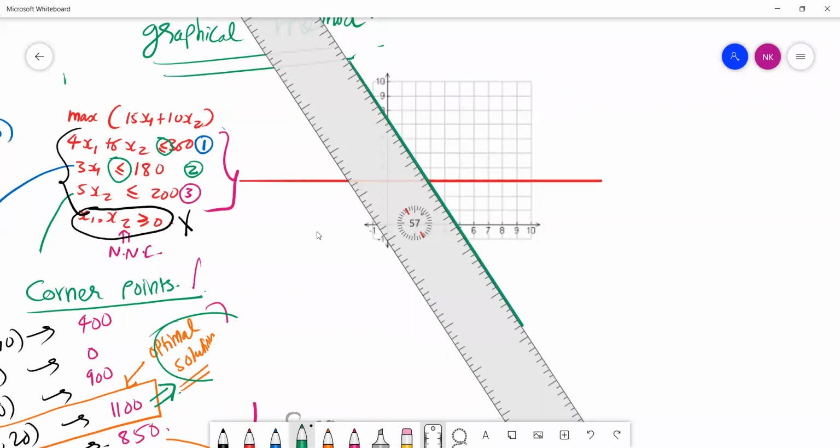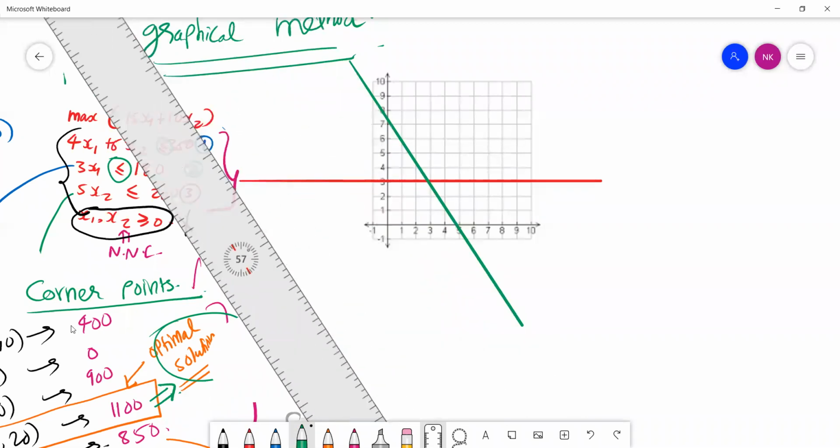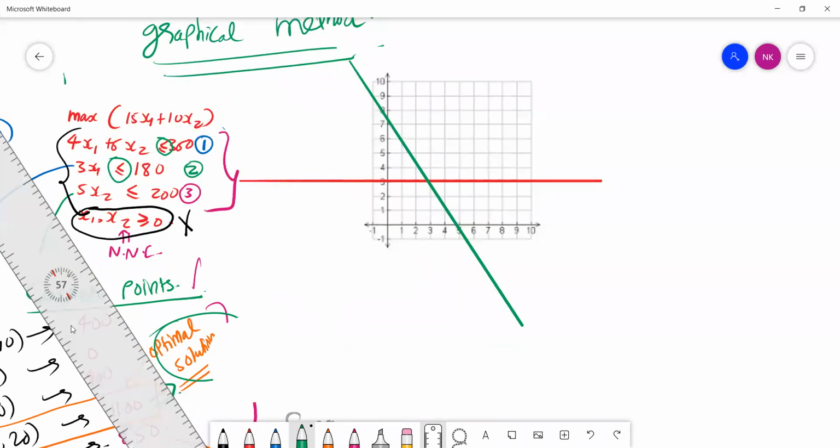If this is the case, let's say this particular line is equation number 1 and this line is equation number 2, and I am given that equation 1 has a greater-or-equal inequality, and equation 2 also has a greater-or-equal inequality.